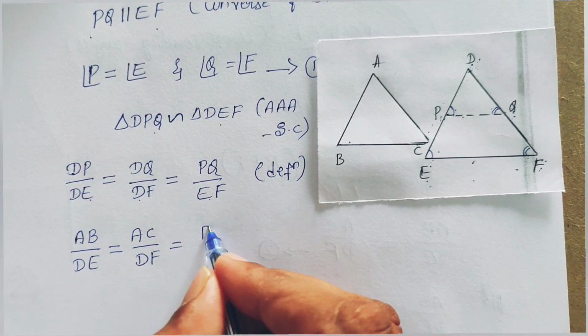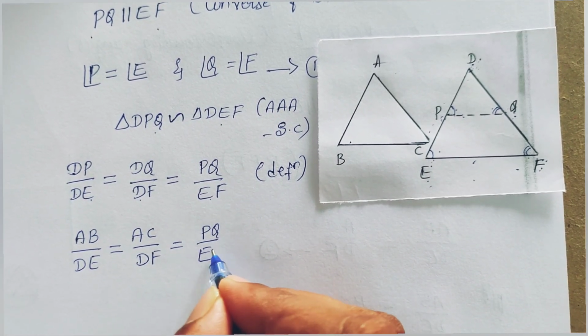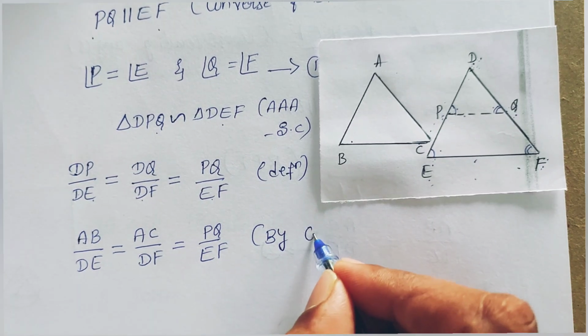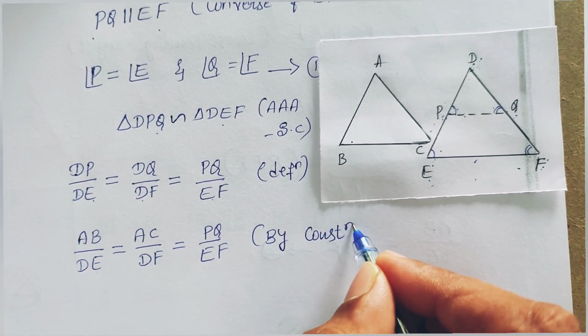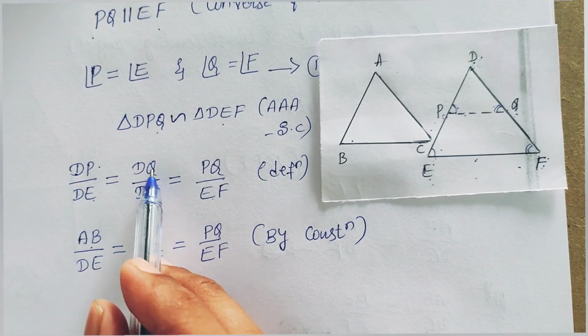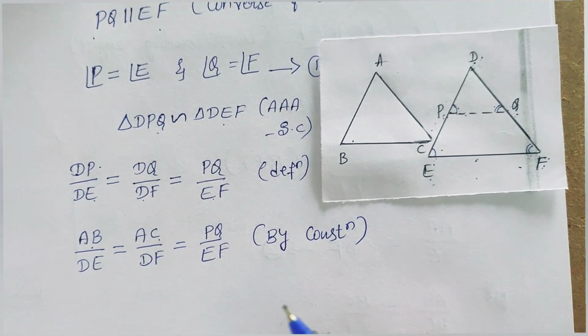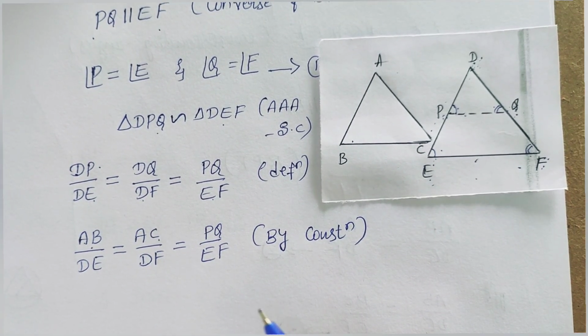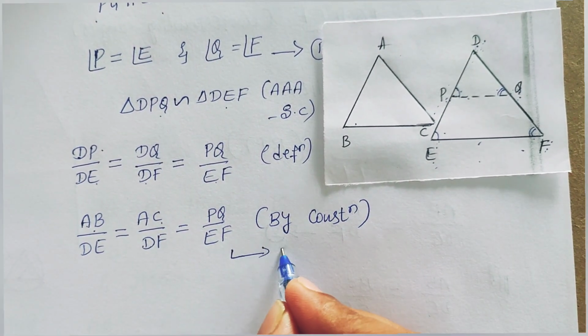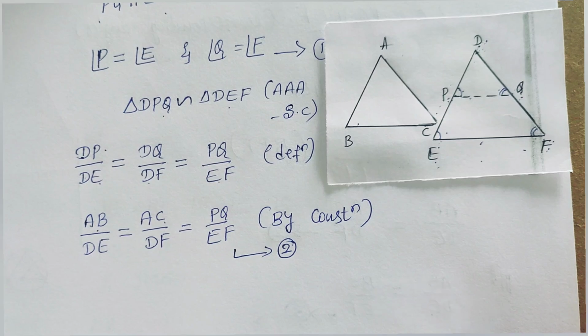So we replaced these from the construction: AB, AC. We can name this as equation number 2.